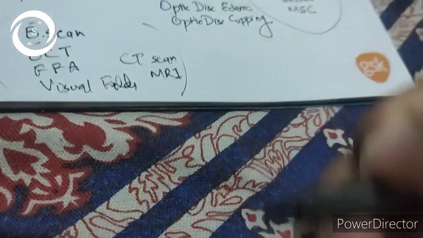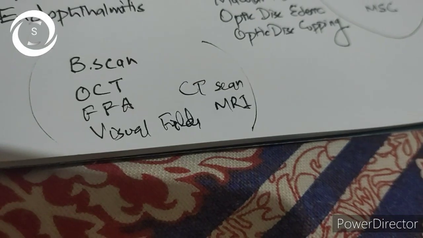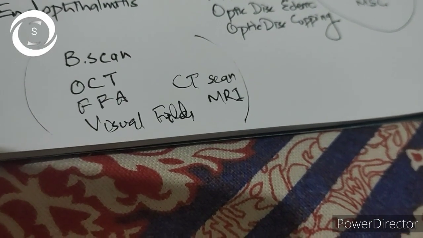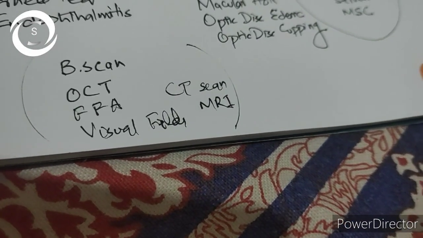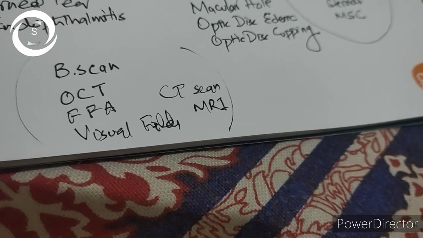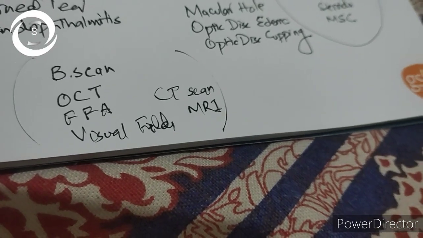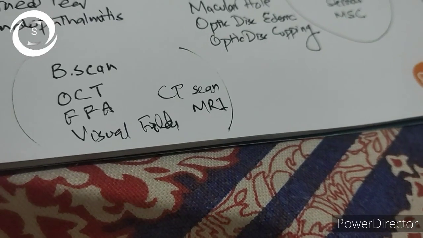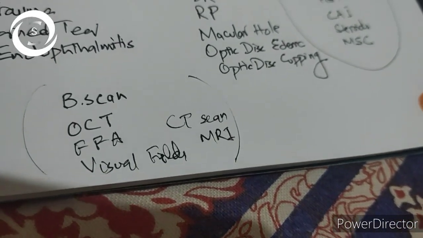The questions for this station can be what investigation is done. So you have to tell, like B scan is done, and what is the disease shown in the B scan, like vitreous hemorrhage or retinal detachment or choroidal melanoma, retinoblastoma. Then you have to tell what are the other indications of this investigation and how will you treat this disease. Thank you.